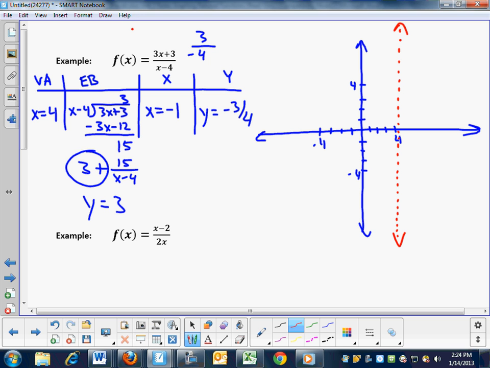I'm going to draw my end behavior asymptote, 3. I'm going to plot my x-intercept, -1. I'm going to plot my y-intercept, -3/4. Now I just have to sketch the graph.